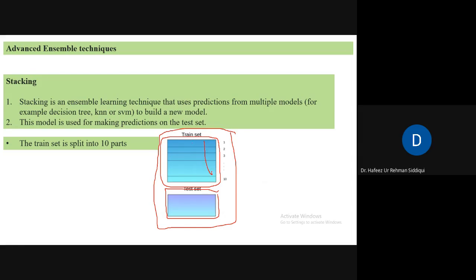Train your model on these 9 and validate it with this one. And the next time you train with the others, from 10 down to 2, and validate it on set 1.